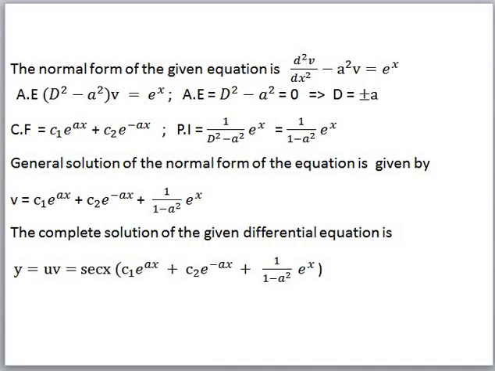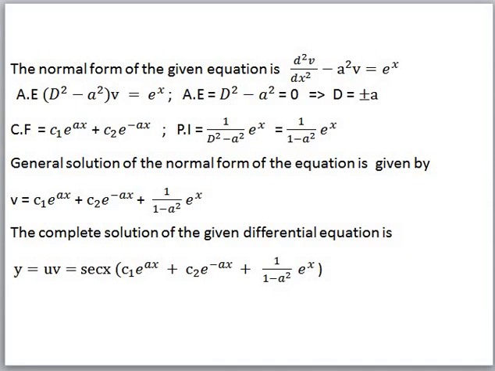Right hand side of the given equation is e^x. So e^x, replace D by 1, 1 over 1 minus a² e^x. So general solution of the normal form of the equation is given by v is equal to complementary function plus particular integral, that is c1 e^(ax) plus c2 e^(minus ax) plus 1 divided by (1 minus a²) e^x.